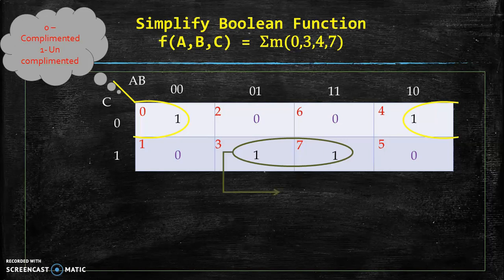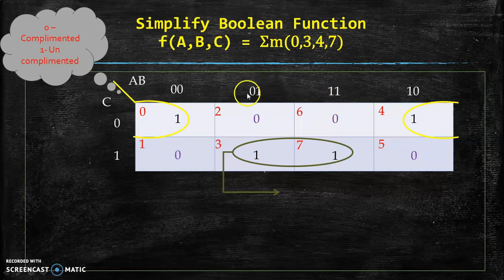Now let us write the product term for the first pair. A is our most significant bit and C is the least significant bit, so we write in ABC form. First we check AB. Here we can see that it is 0, 1 for cell number 3 and for cell number 7 it is 1, 1.